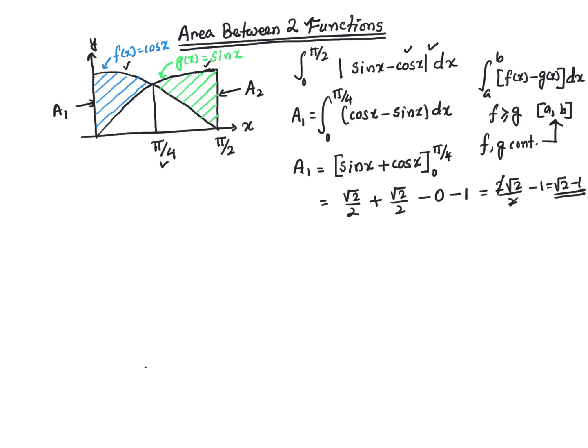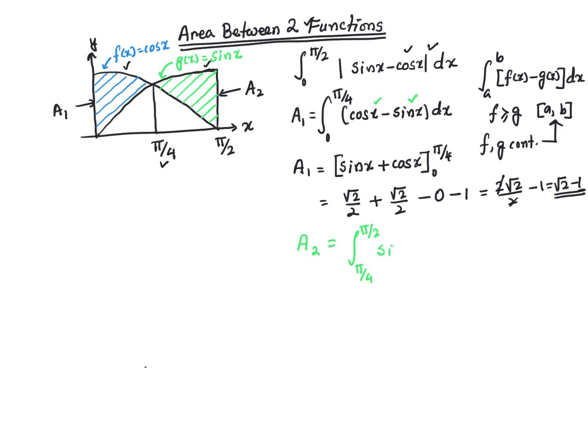Now let's go ahead and find the area 2, which is going to be A2. Again, the integral is the same, but the limits of integration are different. So integral pi over 4 to pi over 2. This time, however, sine is bigger than cosine, so we are going to switch.